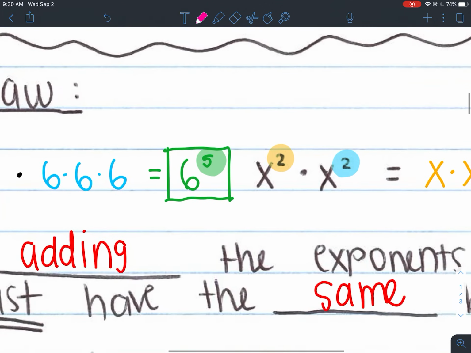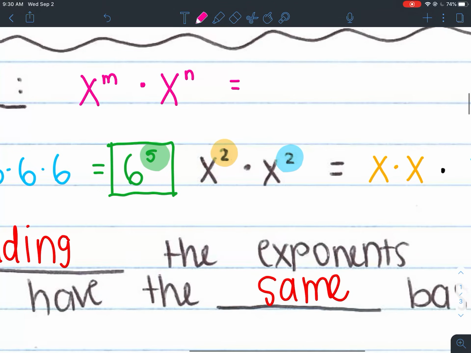Okay, what is the product law, right? If I were to write this out in formula form, this would be x to the m times x to the n, right? So the product law says, if I have the same base, in this case x and x, and they're being multiplied, what can I do to those exponents?